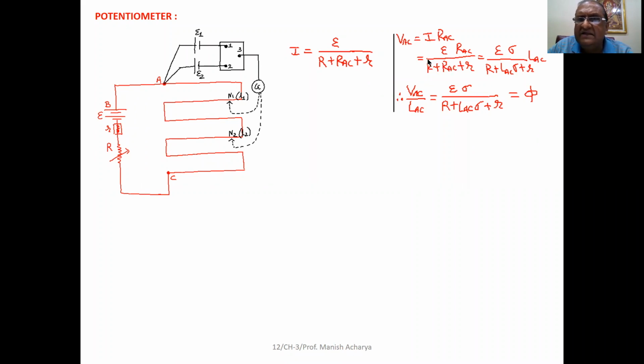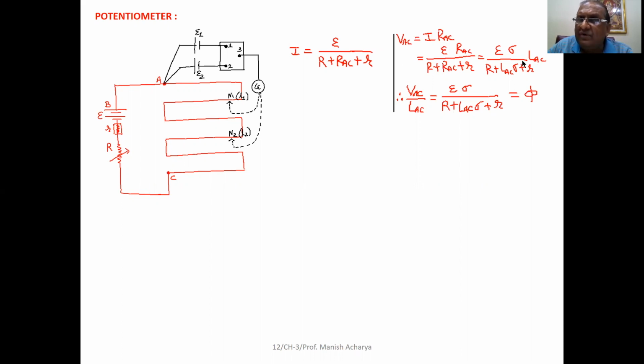I is E upon R plus RAC plus small r, into resistance of AC wire. Now here, suppose the resistance per unit length of the wire is sigma, then the total resistance of this wire we can write as RAC equal to sigma into LAC, where LAC is the total length of the wire.